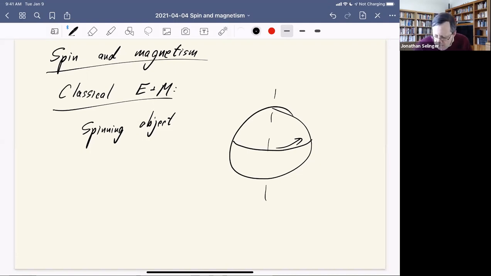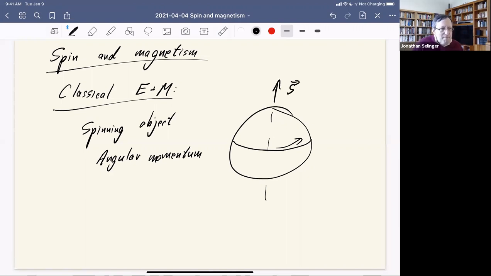So this object has angular momentum. And we could describe that by some angular momentum vector, a spin vector, which is like this.